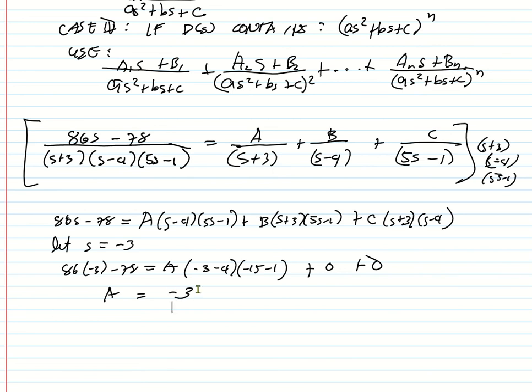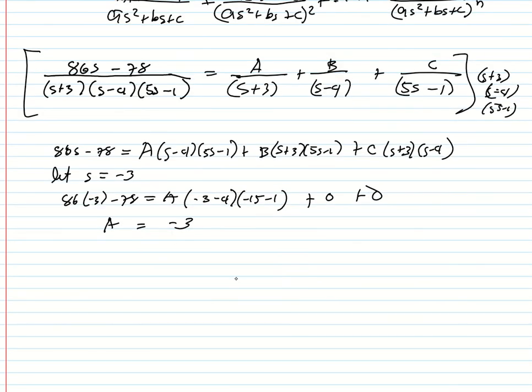Next, for the other constants, let s be equal to 4, so that this will become 0 and this will become 0. A and c will become 0. We can solve for b. So 86 times 4 minus 78 will be equal to 0 plus b times 4 plus 3 times 5 times 4 is 20 minus 1, then plus 0.